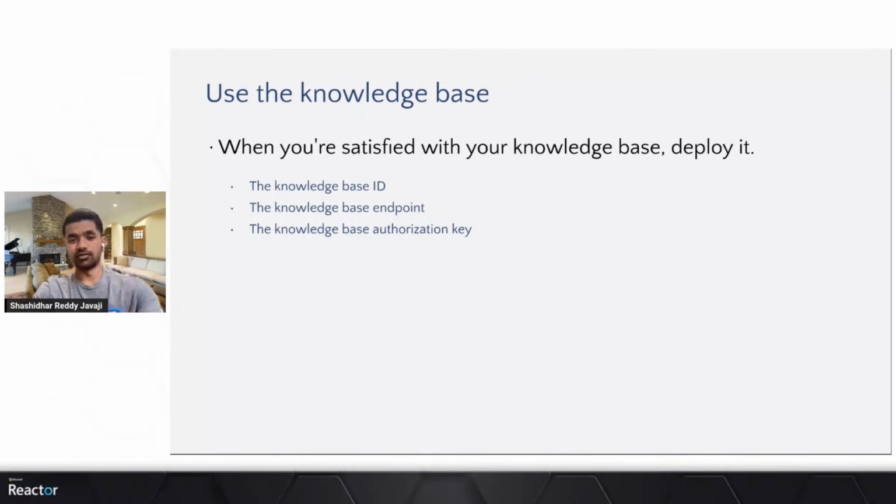So as I said, you have imported your data into the knowledge base. Once you have imported, you get your question answering pairs using the Language Studio. And if you wanted to add some more questions, you added them using the edit option available on the Language Studio.